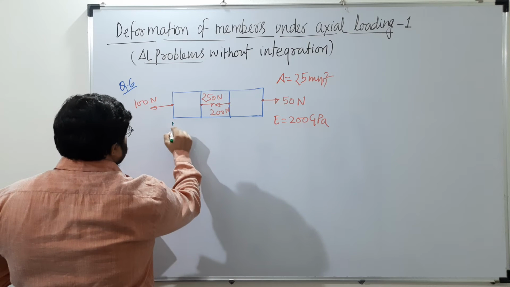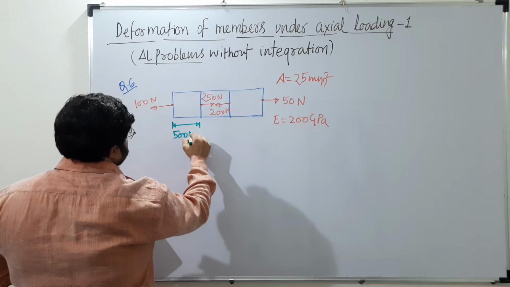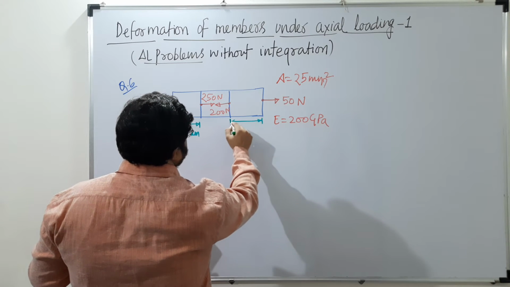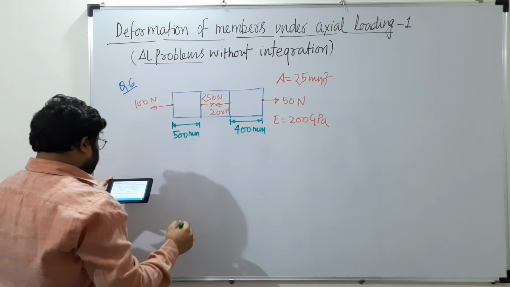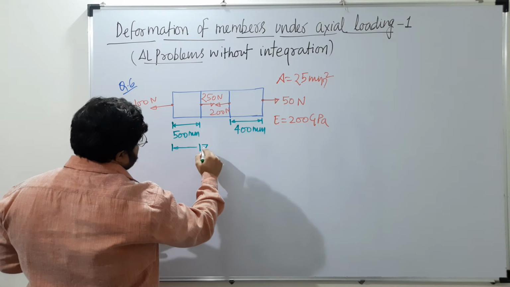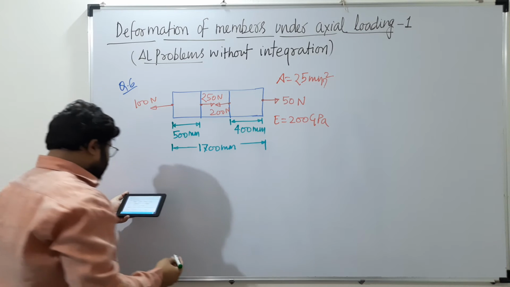This is given as 500 mm. This is given as 400 mm. And total is given as 1700. So this is the data given to you.